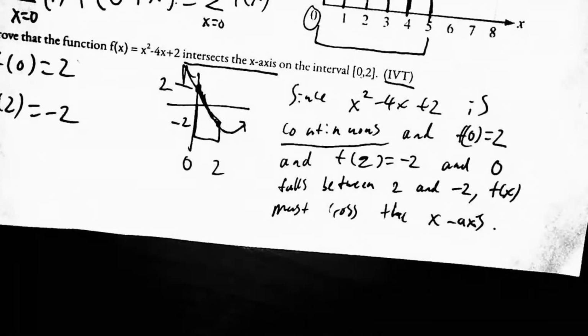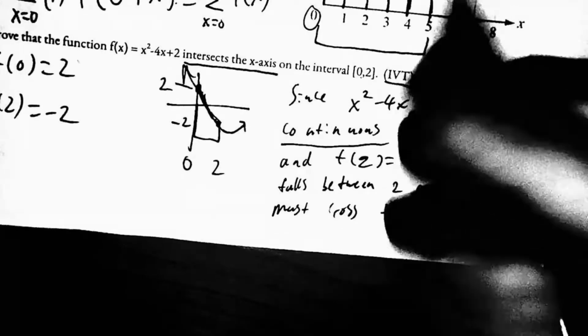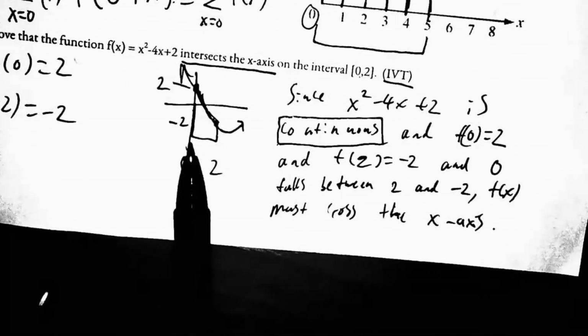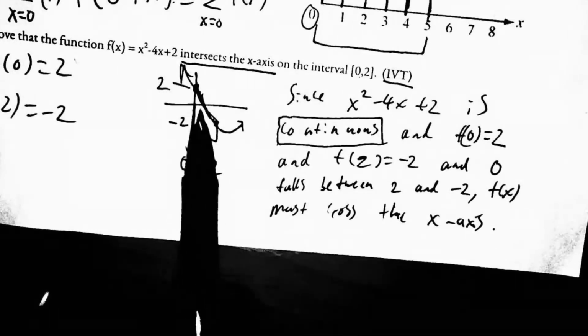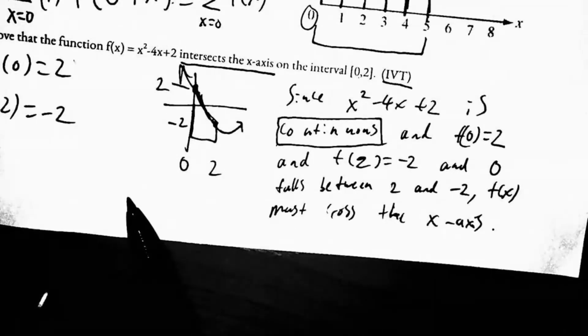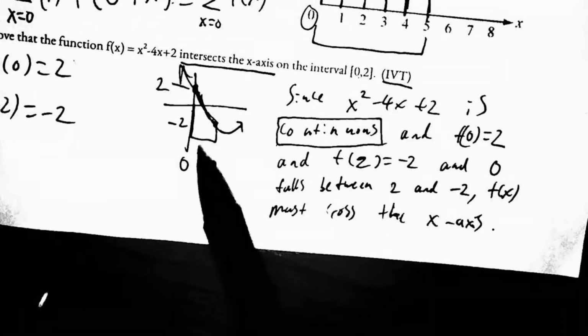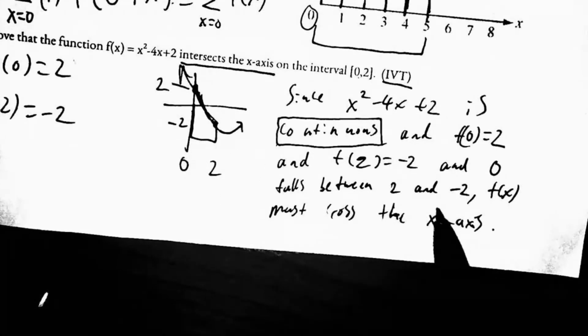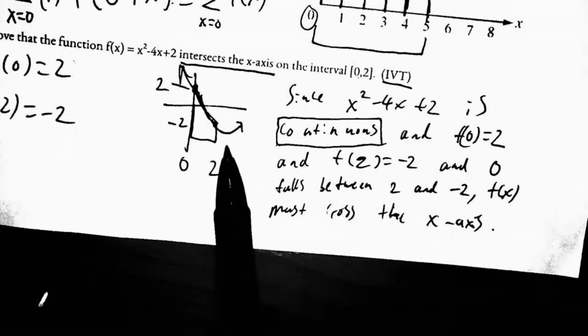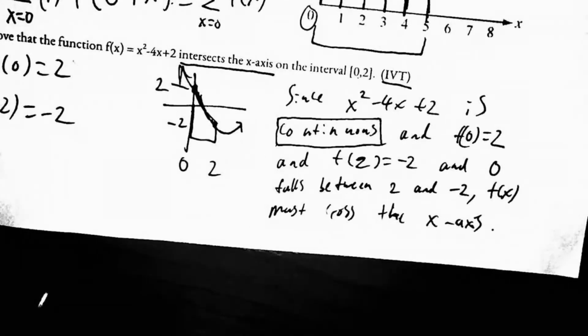I don't think I'll be that nitpicky about this on the test. What I'm looking for is you mentioning that it's continuous, and that it's crossing the value I'm looking for. If the value that we want is in between the two values that it goes between, then it must touch it. That's it. That's the practice test.